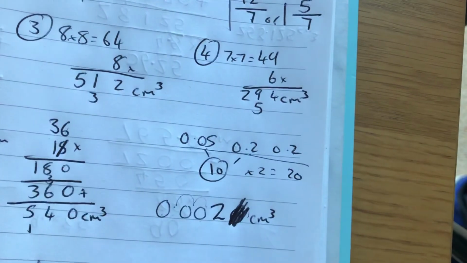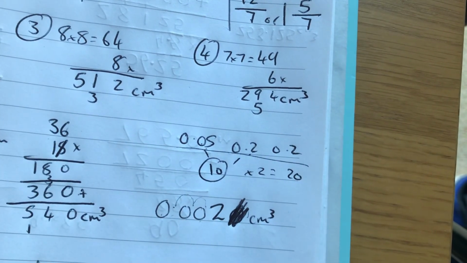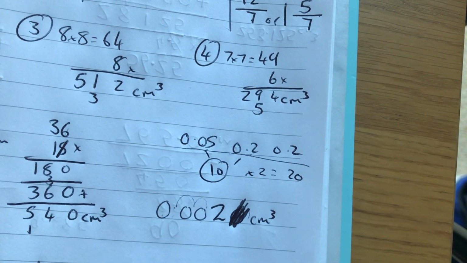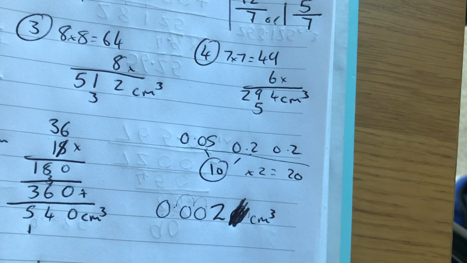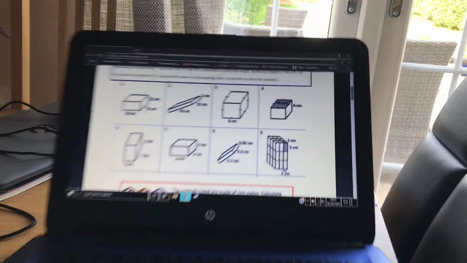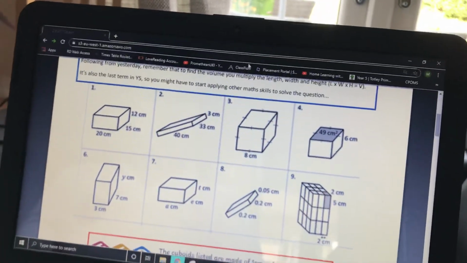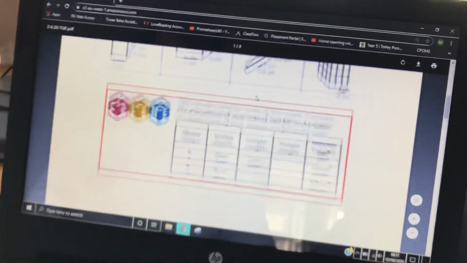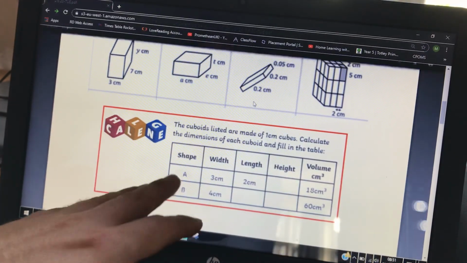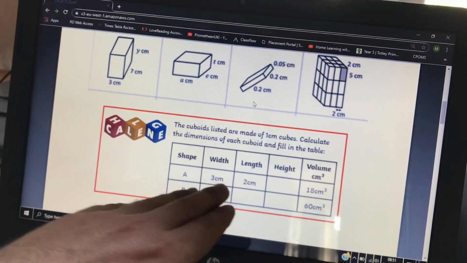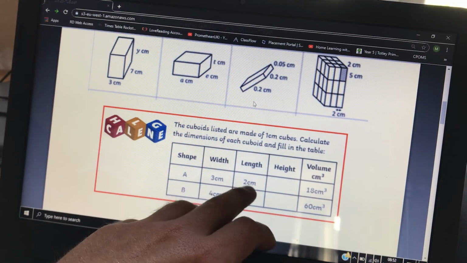Do not worry if you didn't get that one. That was a very quick cheat at the end. Okay? The challenge at the end, I'm going to let you explore, and I will just talk very quickly through it. It's a bit of a number pattern. The first one's very easy because you've got 2 of the 3 numbers. 3 times 2 is 6.